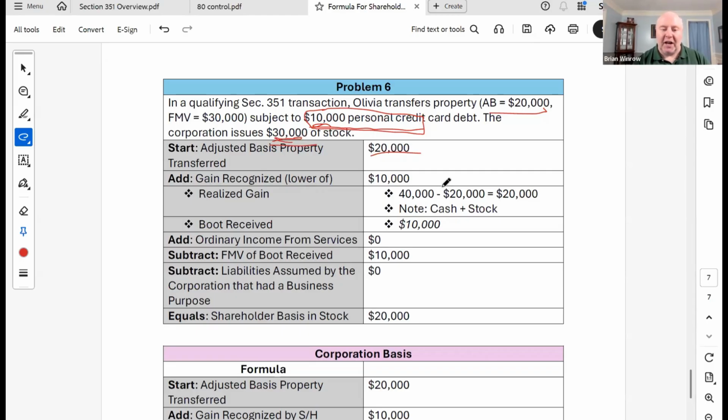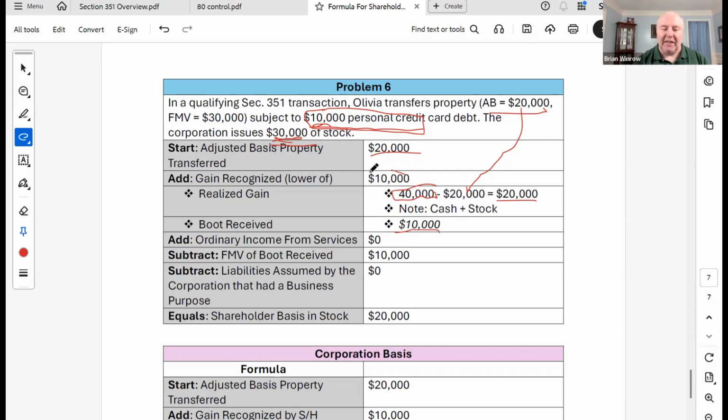That's $40,000. 40,000 minus 20 means we had a realized gain of $20,000. But boot received is the non-business purpose debt. We don't have cash or anything.